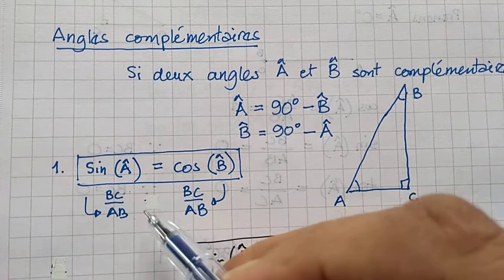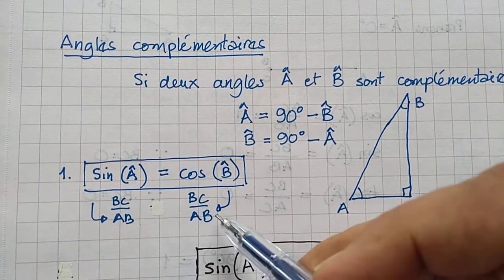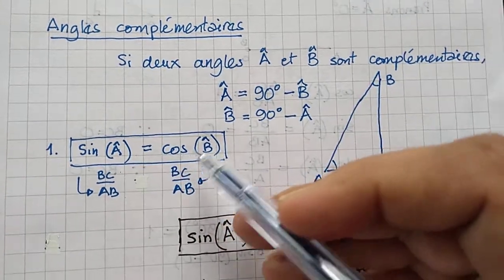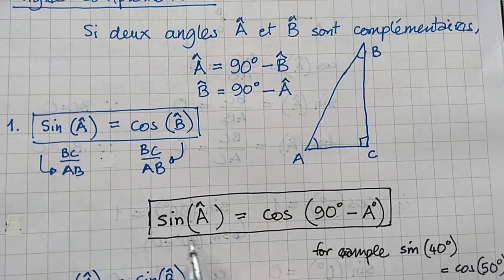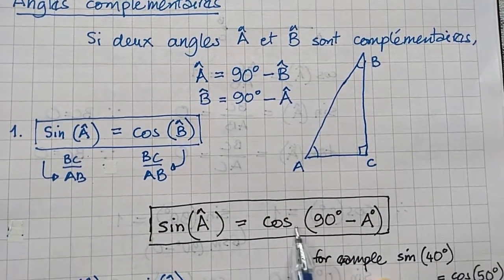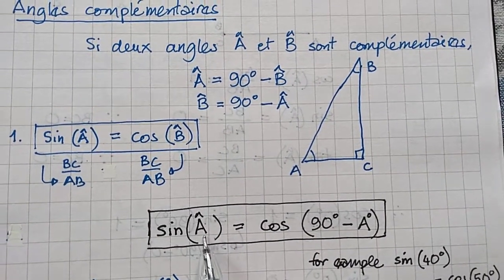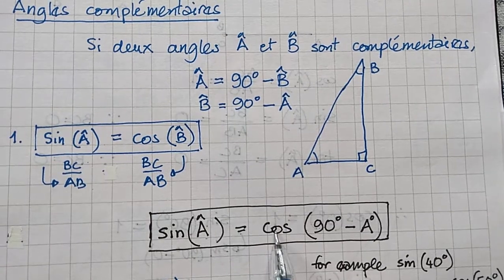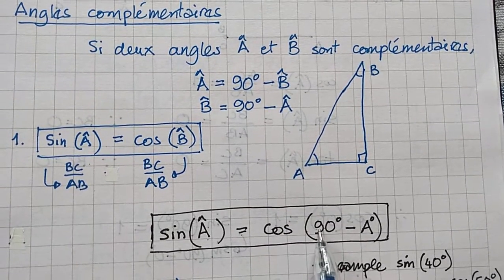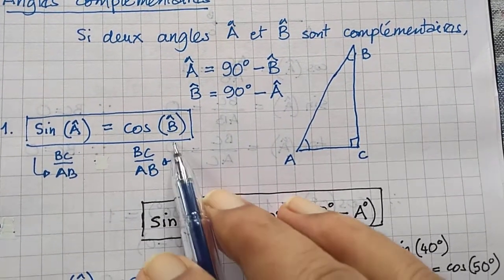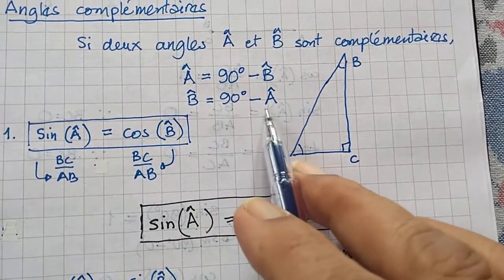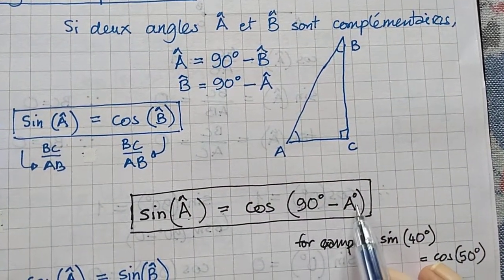BC sur AB. So this is also BC sur AB. So this is true. This is a fundamental property of trigonometry, that sinus A est égal à cosinus of B, and B we know is 90 degrés moins A.